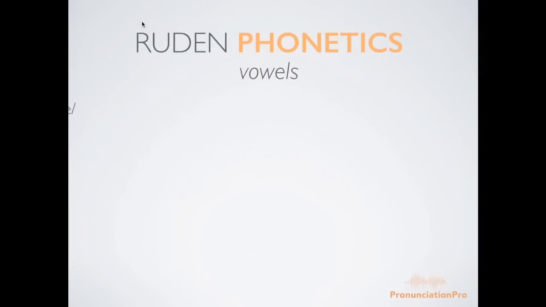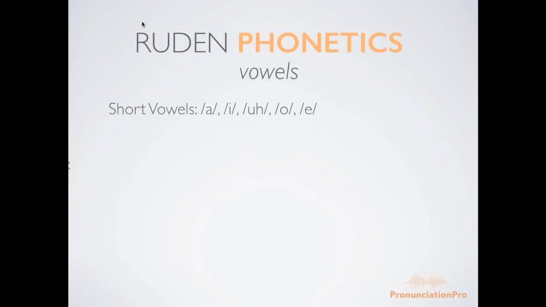All right, so let's get into the short vowel sounds. When we talk about English vowel sounds, I divide them into long sounds and short vowel sounds. The short vowel sounds are a, that lowercase a, i, that lowercase i, ah, eh.